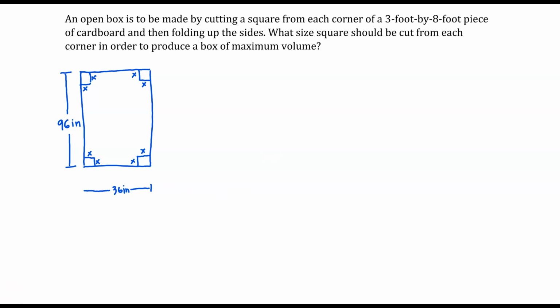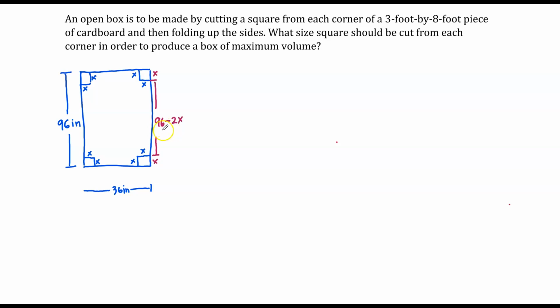Now to set up the equation for the length and the width, if this is x here, and this is also x, and the total length is 96, the length from this point here up to this point is equal to 96 minus 2x, because the total length is 96 and you want to cut x on this corner here and x on that corner.